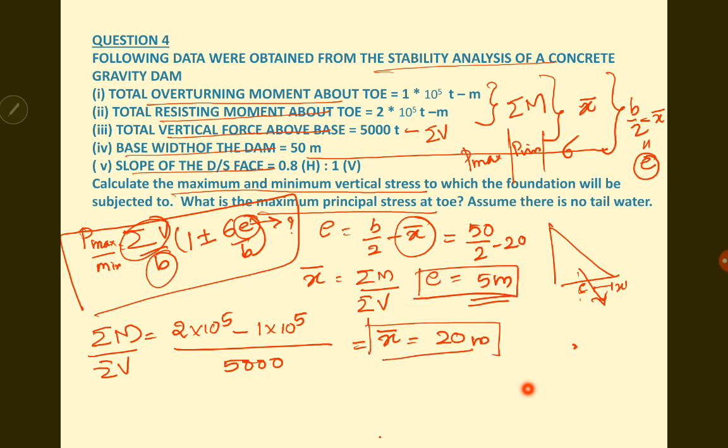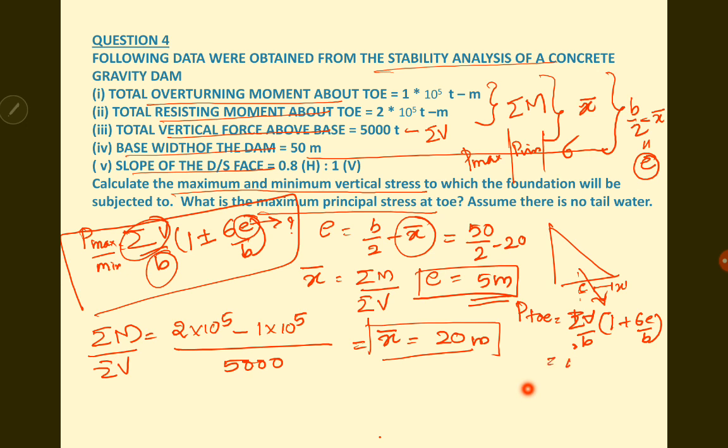Right. Now you have to find the P max and P minimum, or otherwise P at the toe, which is equal to sigma V by B into 1 plus 6E by B. What is the value?